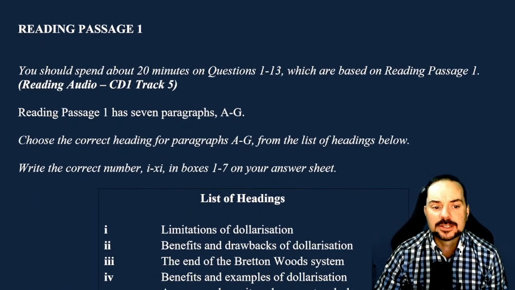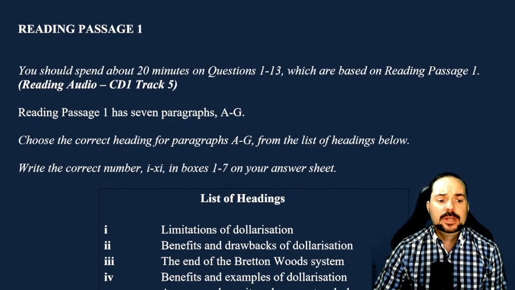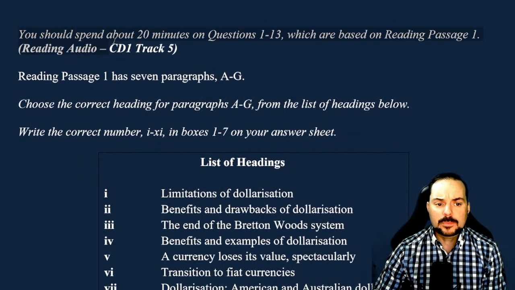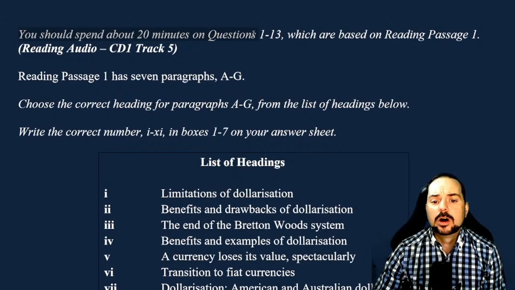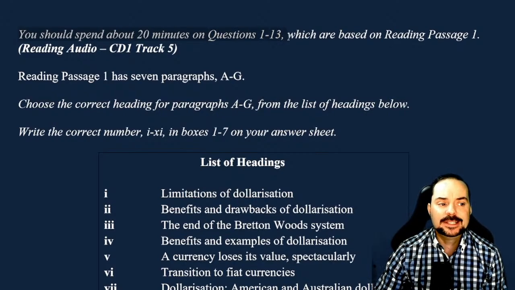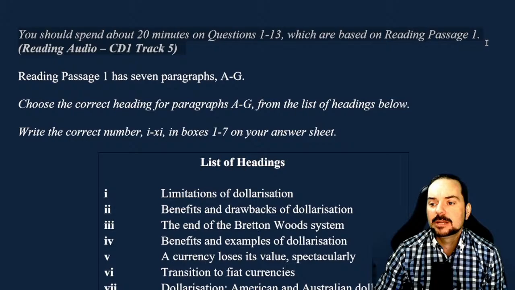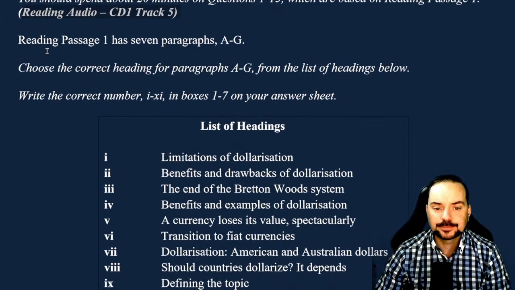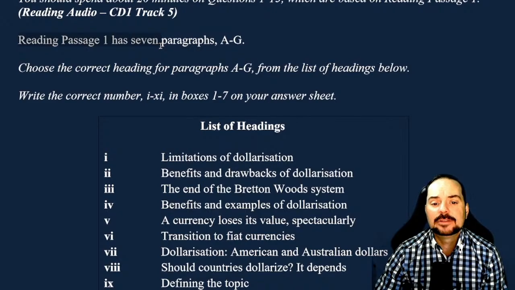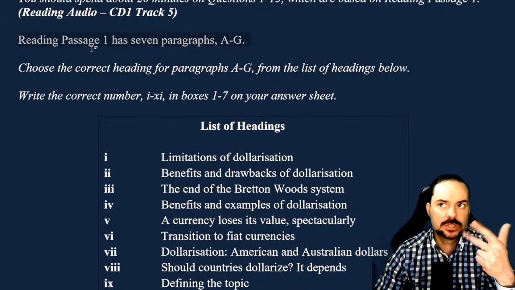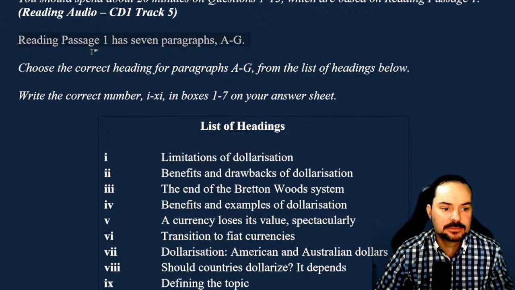Lovely. There it is. Reading passage 1. You should spend about 20 minutes on questions 1 to 13, which are based on reading passage 1. And we will have some audio for this later, but don't worry about that now. Okay, reading passage 1 has 7 paragraphs, A to G. A, B, C, D, E, F, G. Yeah, 7.